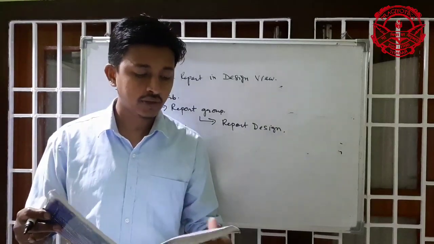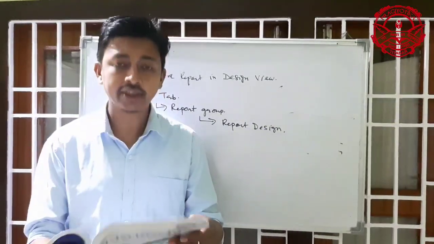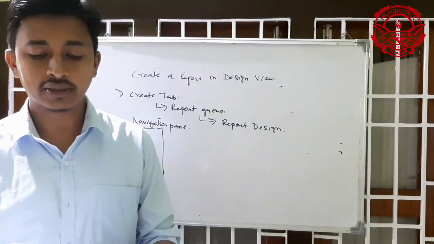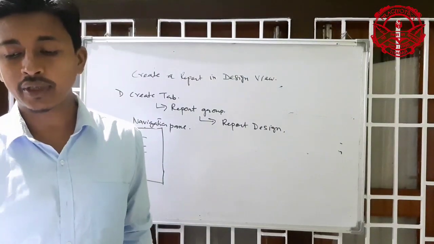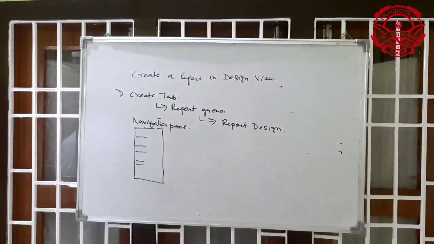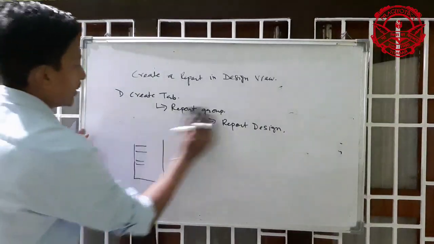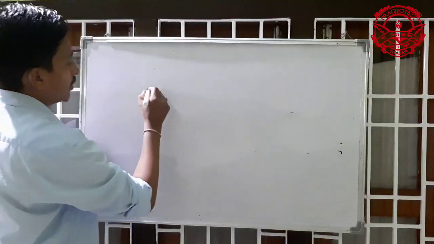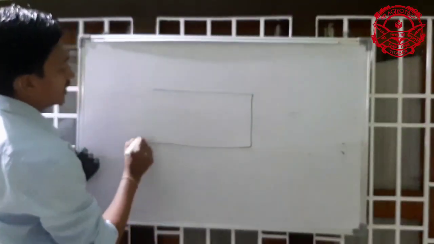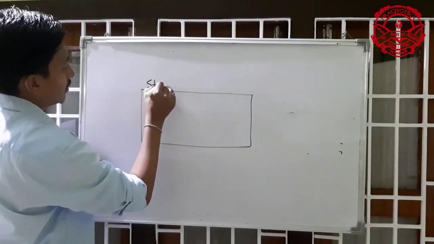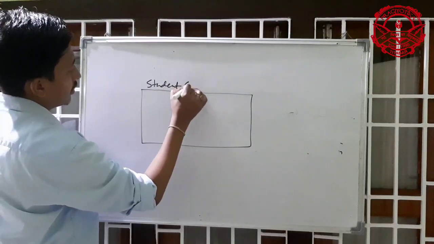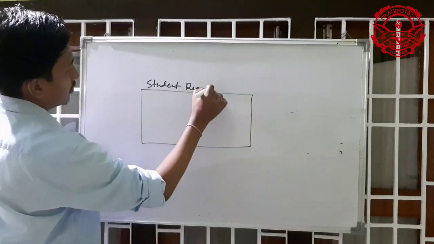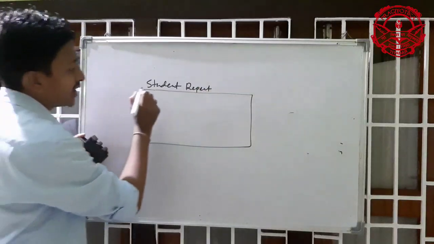Now you can see on page number 222, report header. Report header appears at the top of the report and contains the title of the report. For example, this is a student report.